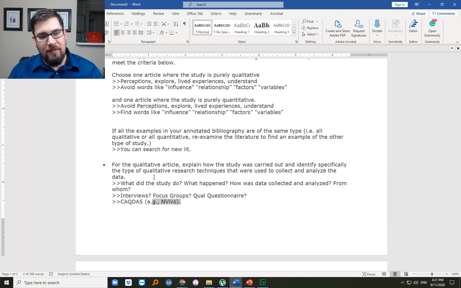NVivo is a very common one, probably the most common, and you probably want to look into whatever your university is providing you with for free if you're doing your own. But in terms of what the study you're reviewing did, they probably used something like NVivo.